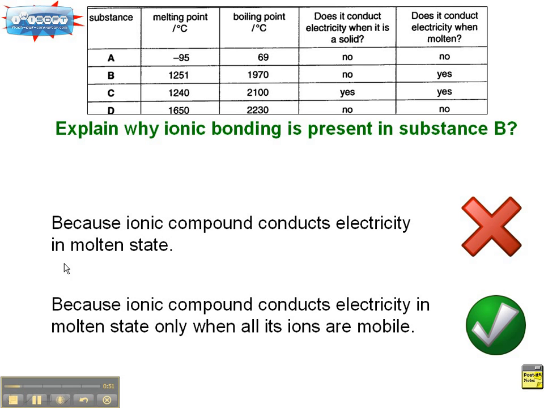But the second answer does differentiate ionic compound and metal, because metal not only conducts electricity in molten state, it also conducts electricity in solid state. Okay, so make sure your answer is specific. After writing down your answer, you have to read it again, make sure it is specific.